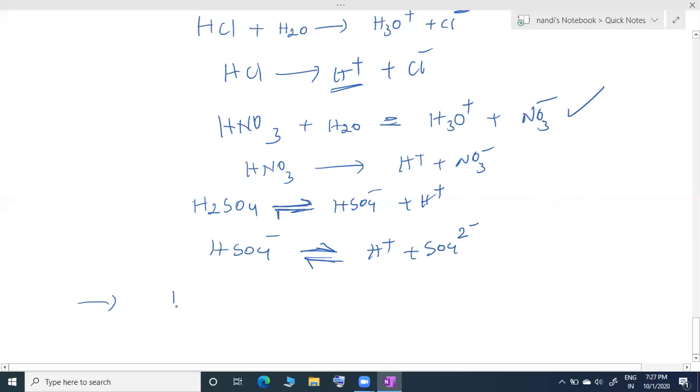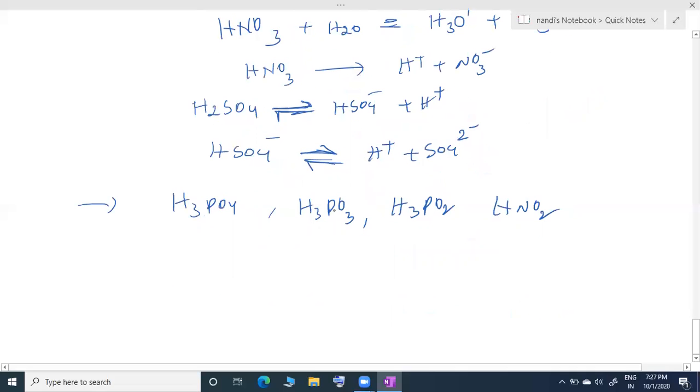You can take H3PO4, H3PO3, H3PO2, HNO2. All these are acids that can release H plus ions. Now acetic acid: which hydrogen can be released?